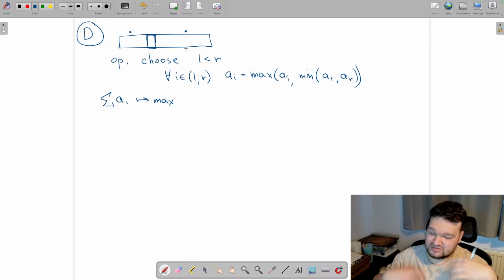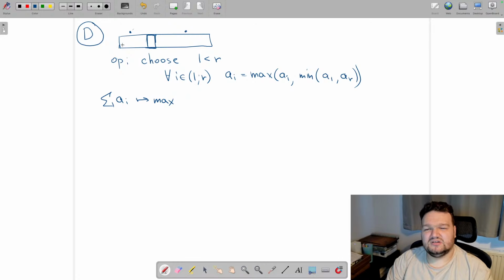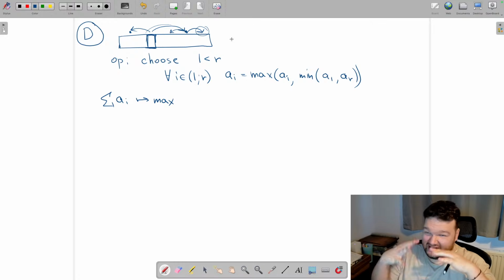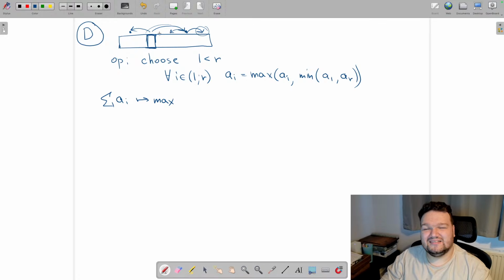Those two numbers themselves could have changed during the processing of operations, so it is not super clear what is the maximum possible value we can achieve, but we can see that we need to take something on the left and something on the right, and if we try to update this number, we will need to take something on the left and something on the right, and this number is still further on the right. So you can get a hunch.